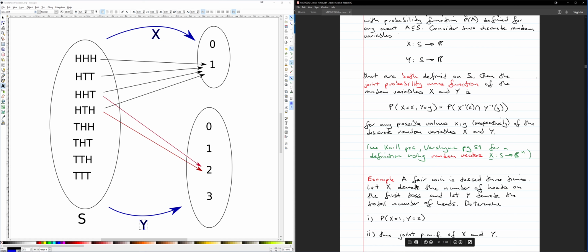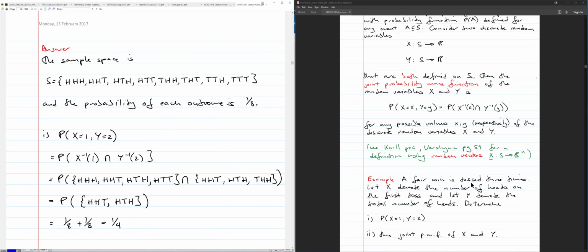So I have this standard experiment where I have a fair coin and I toss it 3 times. For these fairly simple examples, we could in fact write out the sample space.